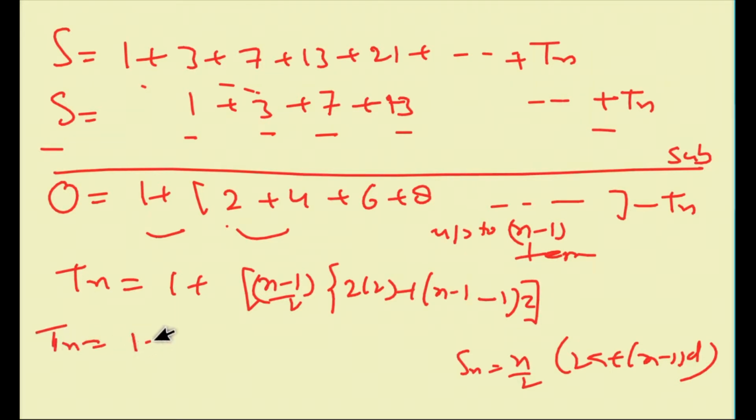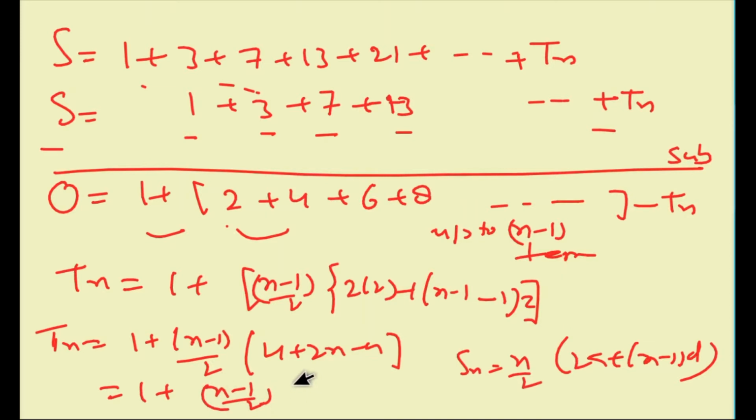So here we are getting Tn term is n minus 1 by 2. In this question, what we are getting is 4 plus 2n minus 4, 2 into 2, 4, n minus 2, 2 multiplied by 2, we get 2n minus 4, 4 is cancelled, so we can get here n minus 1 by 2 into 2n, 2 is also cancelled, so what we get here is 1 plus n minus 1 into n.